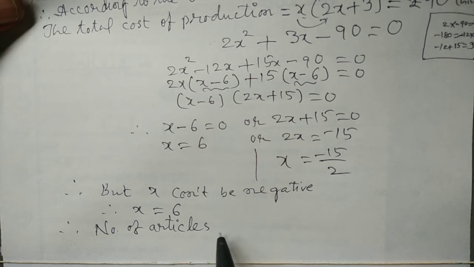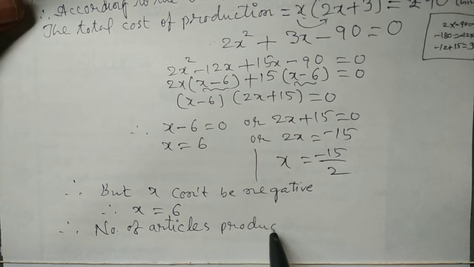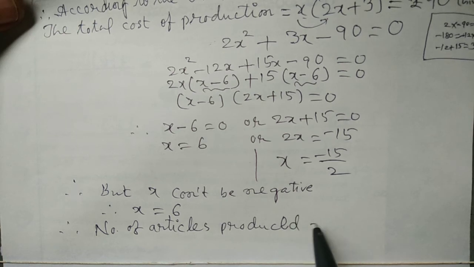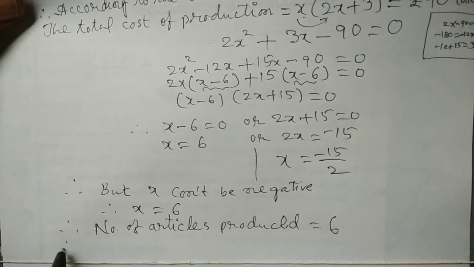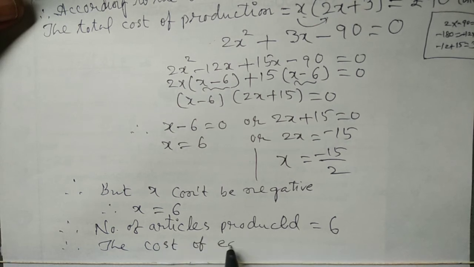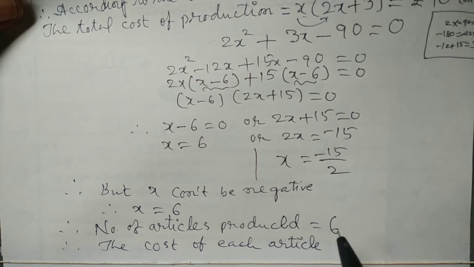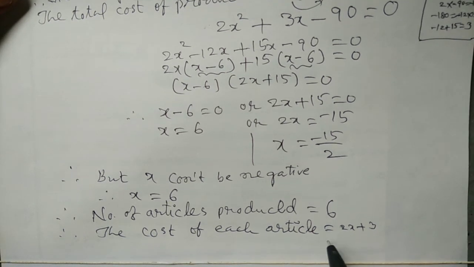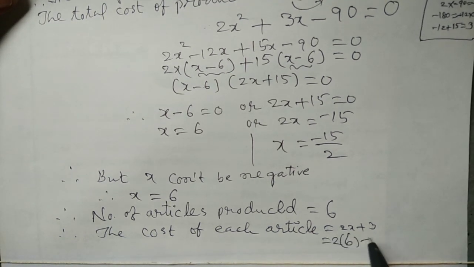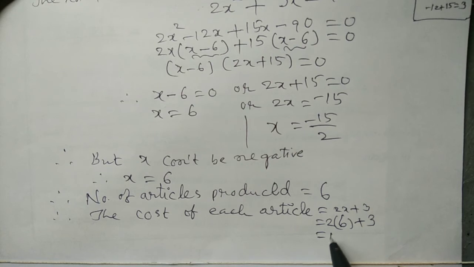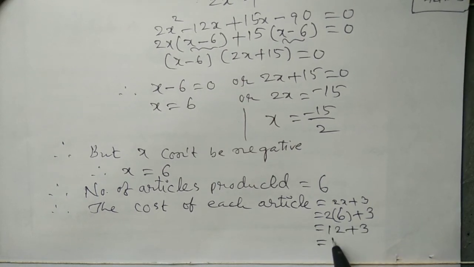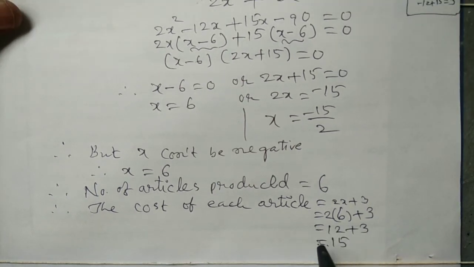So number of articles produced is equal to 6. Therefore the cost of each article is equal to 2x plus 3. 2 into 6 plus 3, 2 sixes are 12 plus 3, 15 rupees.